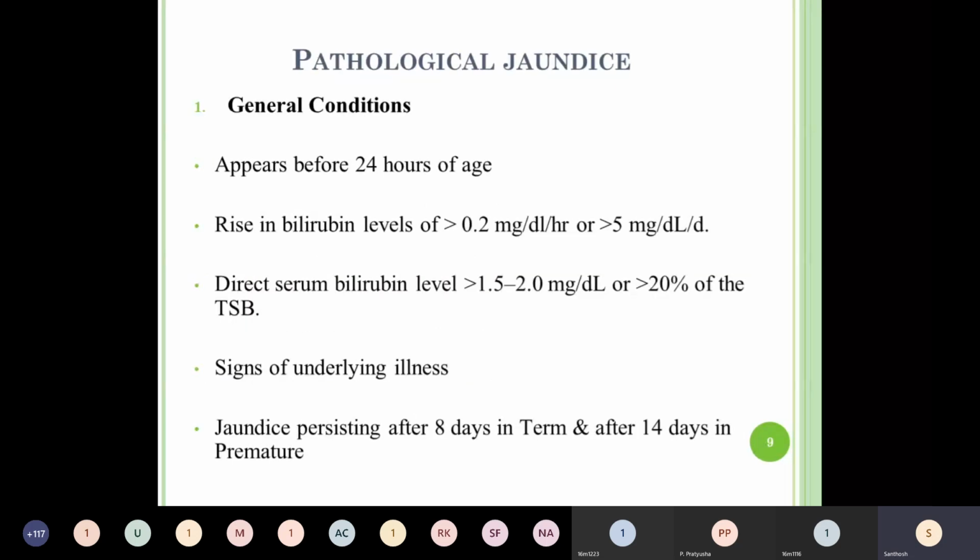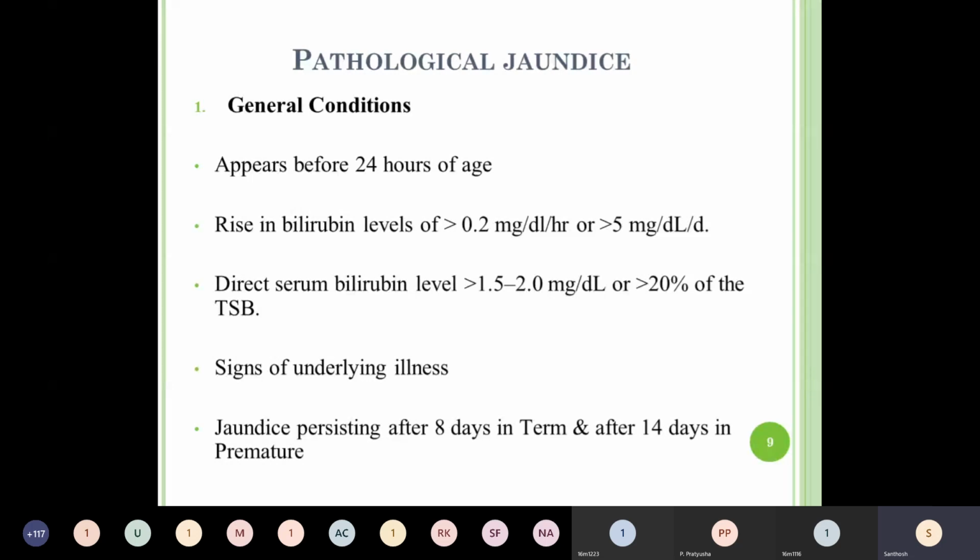Then what do you mean by pathological jaundice? Usually pathological jaundice occurs before 24 hours of age. The rise in bilirubin levels is more than 5 milligrams per deciliter per day or more than 0.2 milligrams per deciliter per hour. When you take the direct and indirect components, if at any time in the newborn period the direct serum bilirubin is more than 2 milligrams or more than 20% of the total serum bilirubin, it is always pathological.